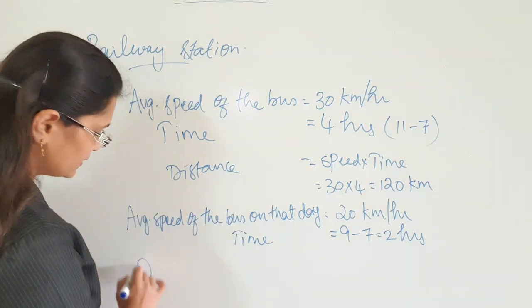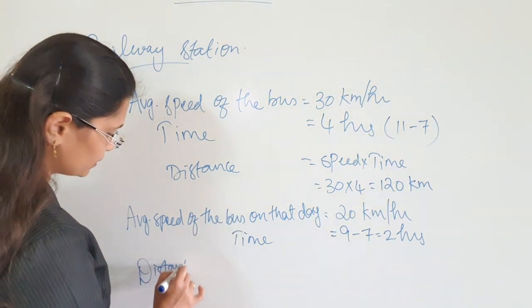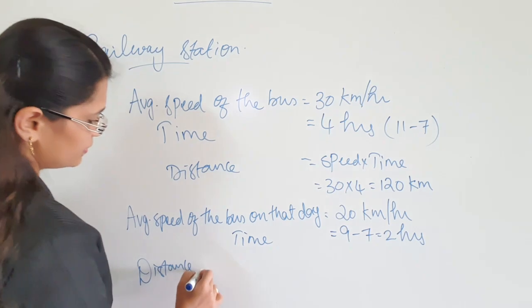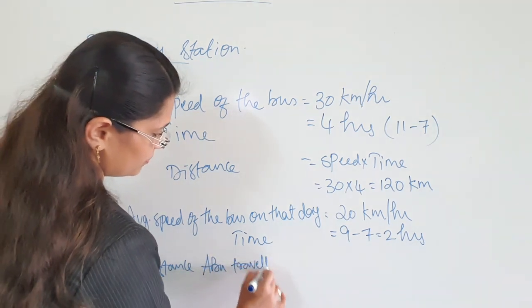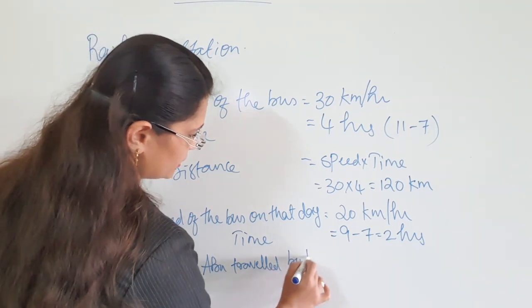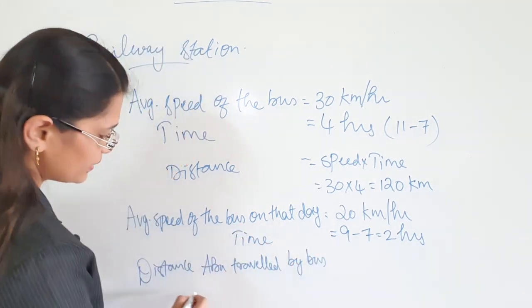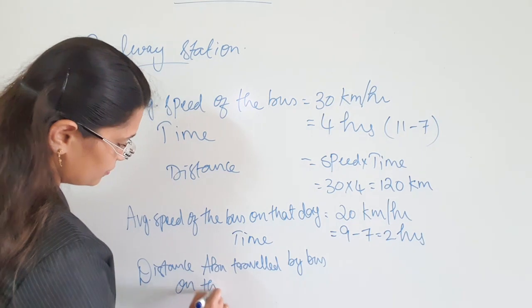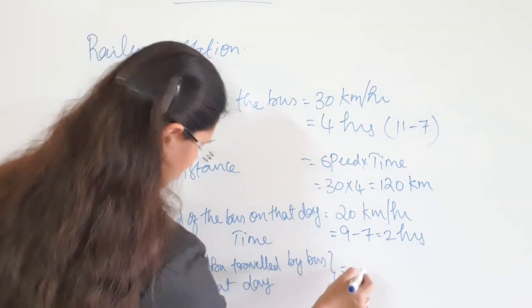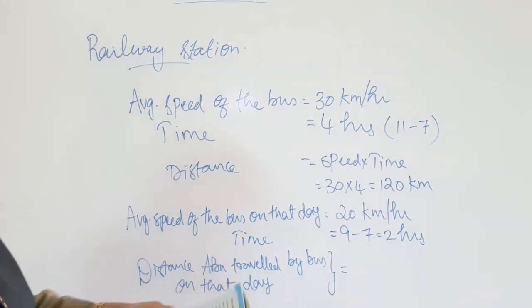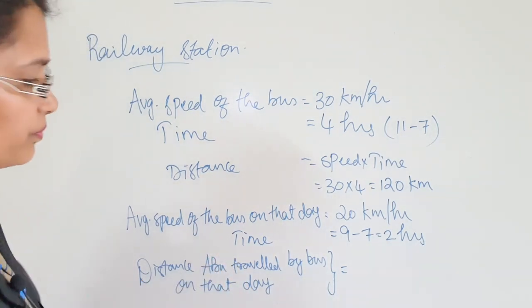Then children, distance Abu travelled by bus on that rainy day is equal to, what is the formula?